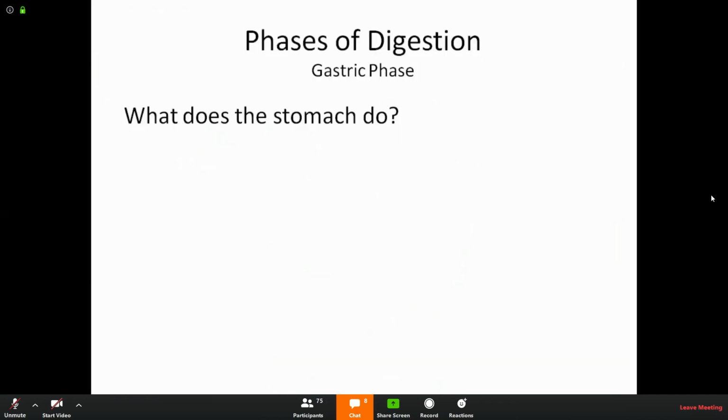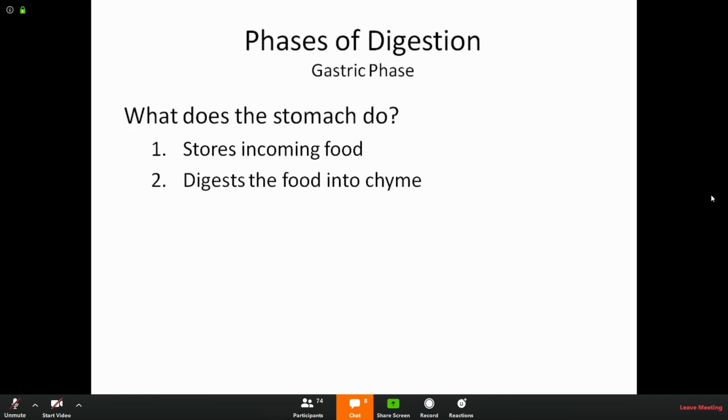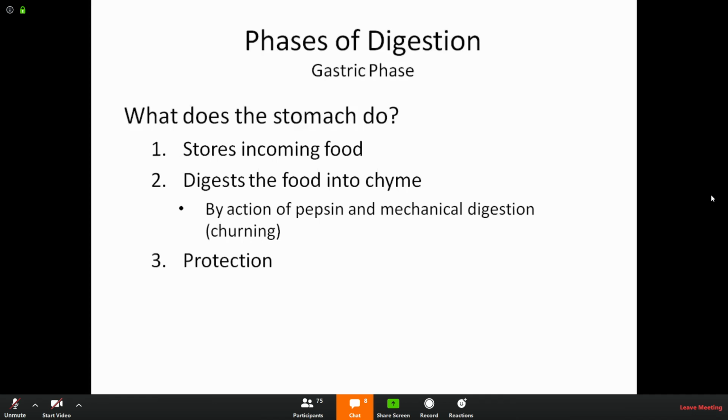So what actually does the stomach do? The main function of the stomach is that it stores the incoming food. It helps in digestion of the food into chyme, and it helps in protection of the gastric mucosa.